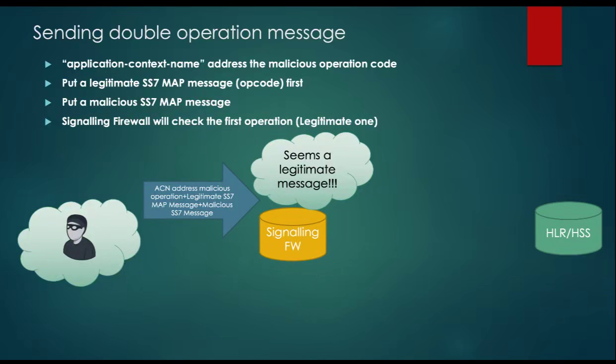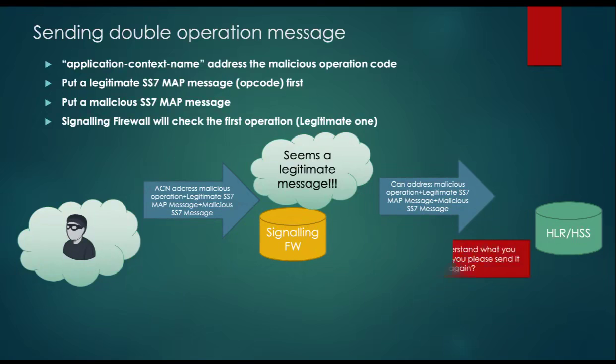So the signaling firewall will check just the first operation code, which points to a legitimate operation, and pass it through to the core network, which can address the malicious operation in addition to the legitimate SS7 MAP message. As a result, the HLR/HSS responds with some kind of error because it can't understand what we are looking for.